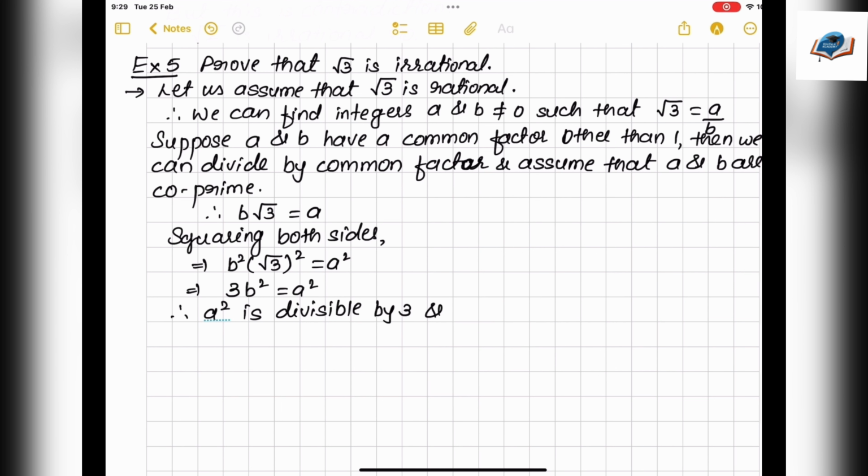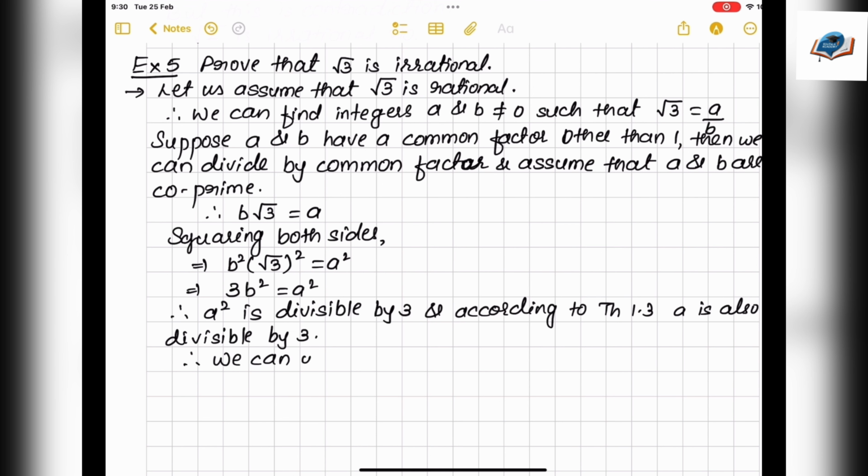And according to theorem 1.3, a is also divisible by 3. Therefore, we can write a equal to 3c for some integer c.